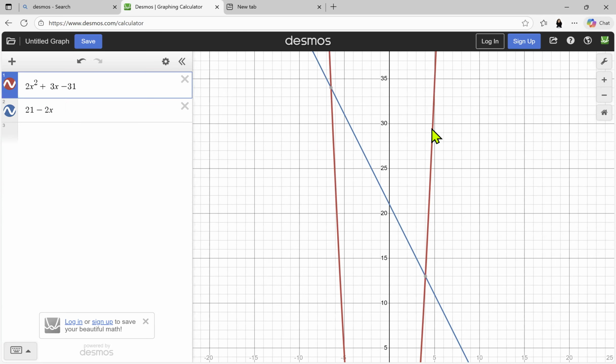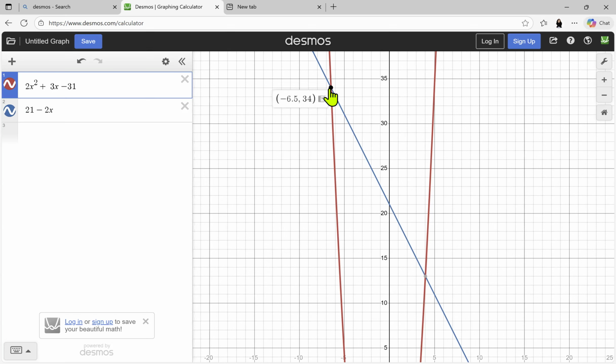So the red is the quadratic, and the blue is the linear, right? The first equation, y is equal to 2x squared plus 3x minus 31, looks like this red curve. And the second equation is y is equal to 21 minus 2x.